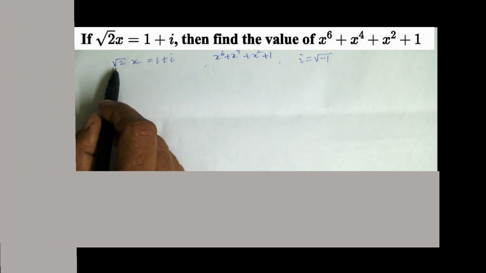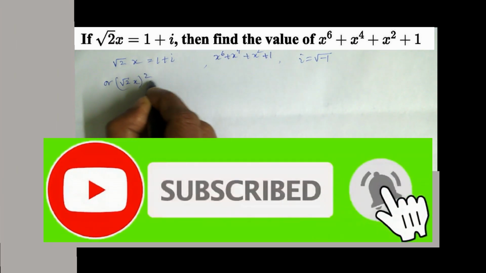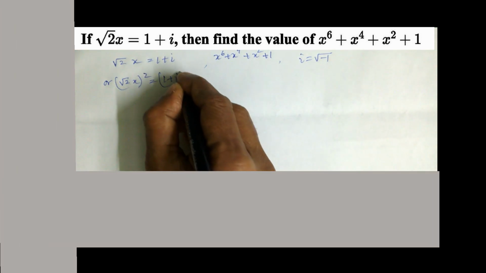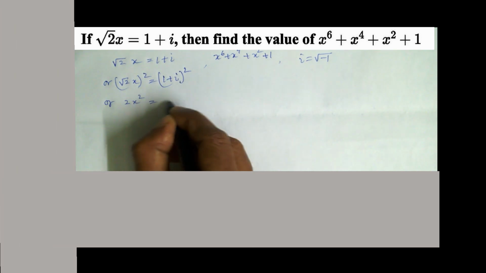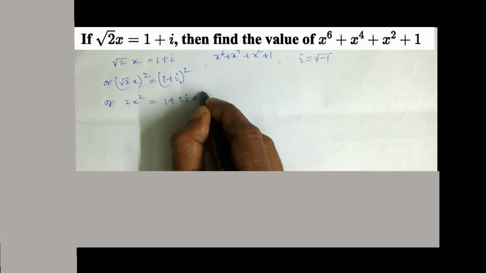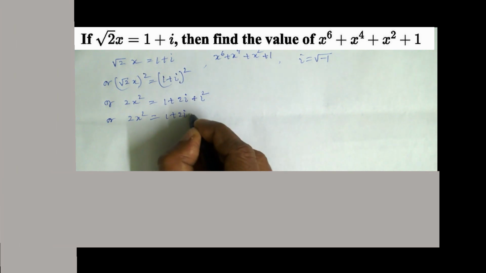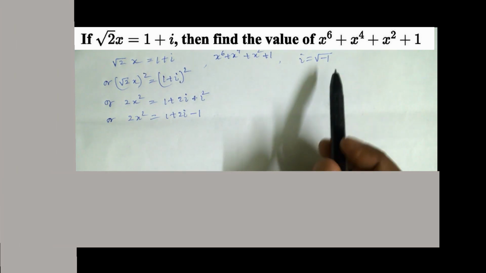Squaring both sides, we may be able to find out x square, and the root will be eliminated automatically. Now (root 2x) whole square is equal to (1 plus i) whole square. Simplifying, 2x square is equal to 1 plus 2i plus i square, or 2x square is equal to 1 plus 2i minus 1.